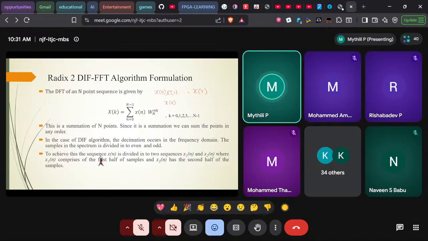We collect the first half, x0, x1, x2 and x3 as the first summation, plus the second one, x4, 5, 6, 7. We divide it into two equal halves, and then we find the DFT like this: DFT of the first part plus the DFT of the second part.